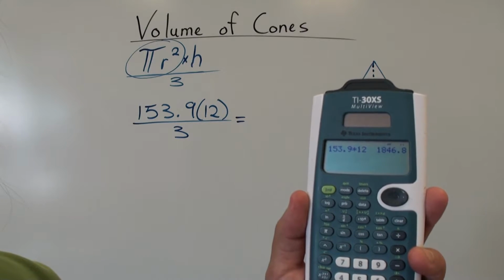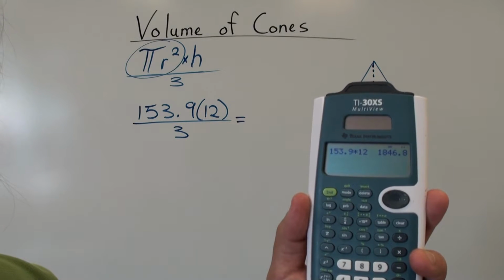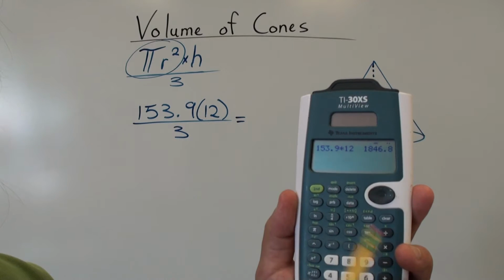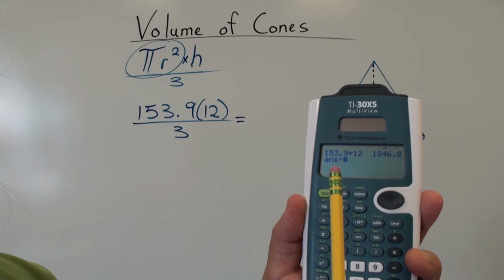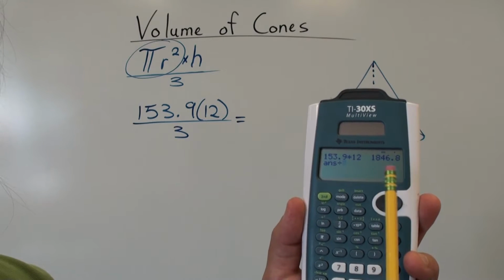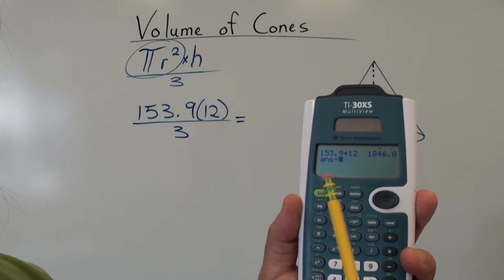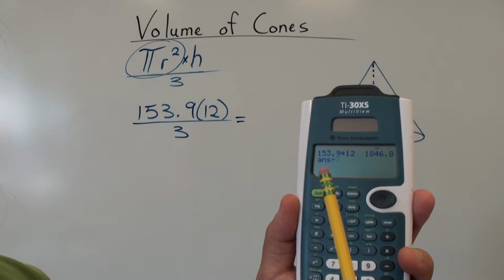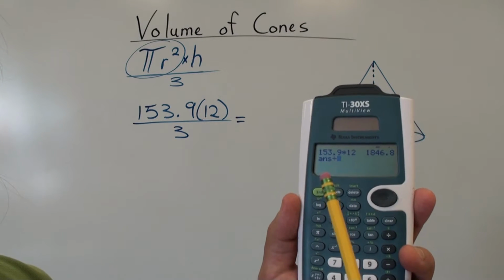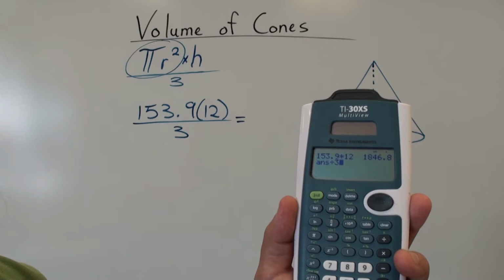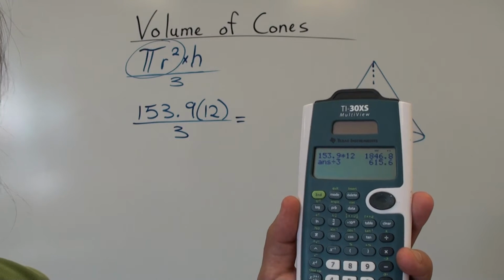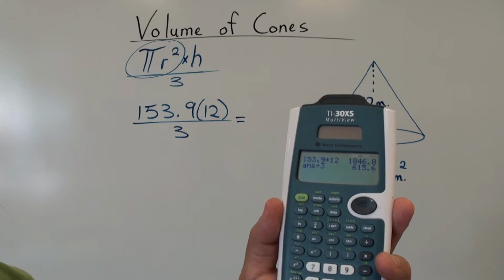The numerator is 1,846.8. Now I'm just going to hit divided by, and what that does is it puts ANS, which just means my previous answer, the 1,846.8, divided by 3, and that's equal to 615.6.